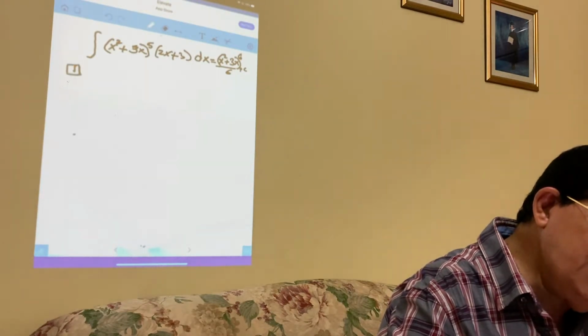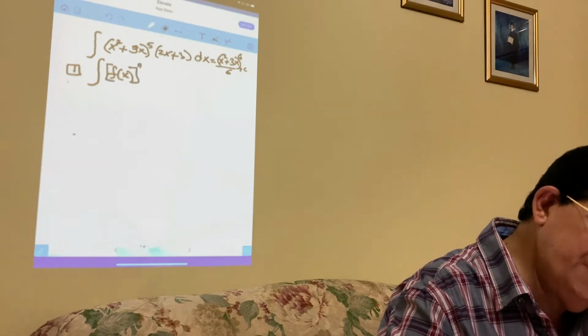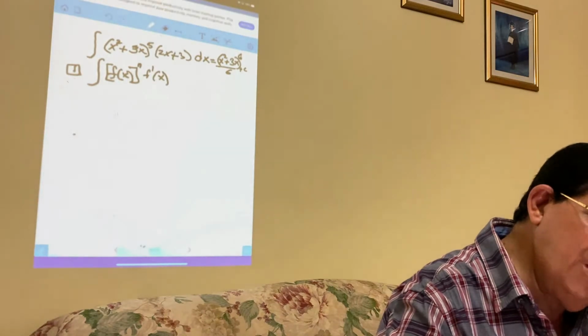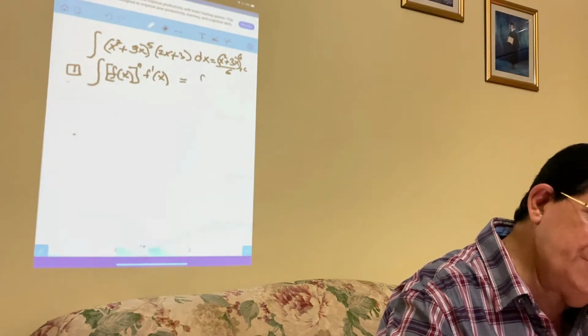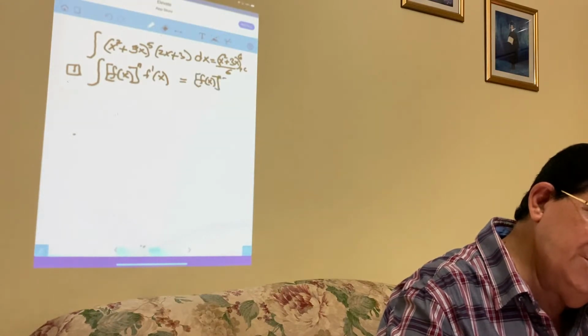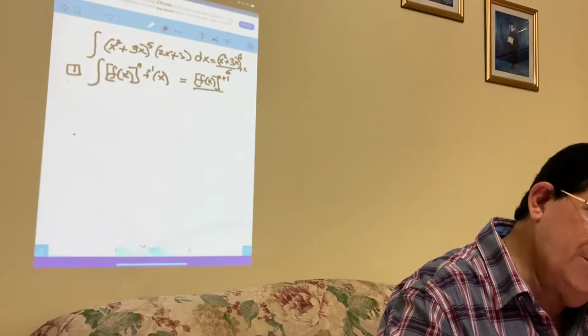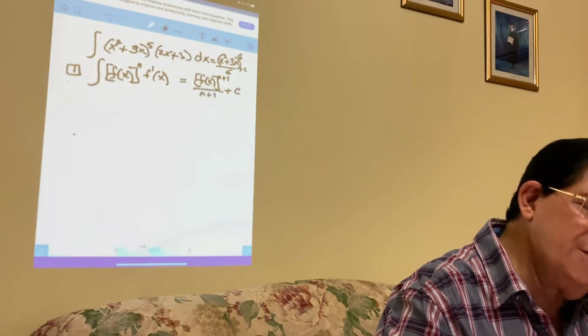The integration of f of x to the power n times f dash x equals f of x power n plus 1 over n plus 1 plus c.